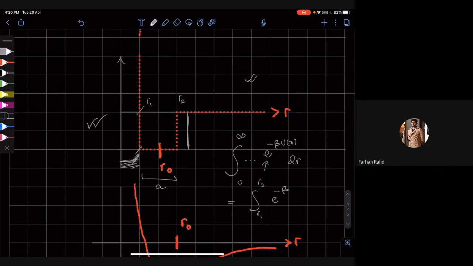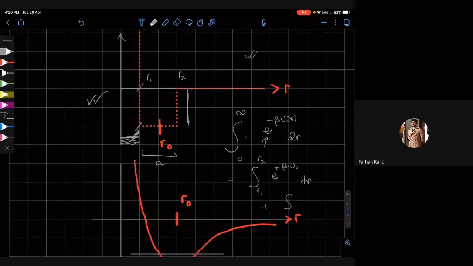Suppose it's u naught, so it's going to be plus u naught, d of r. Then there's going to be another integral from R2 to infinity, with e to the power minus 0, which is 1, and there will be other factors here. This is for the calculation.